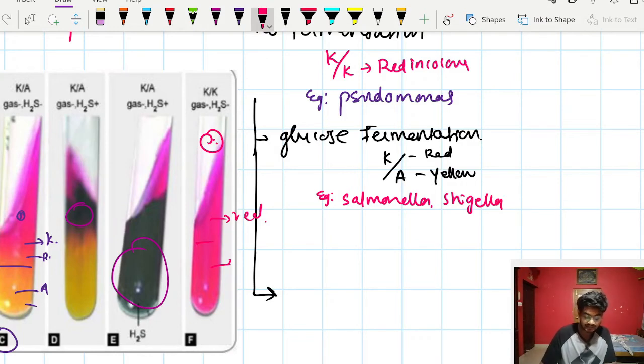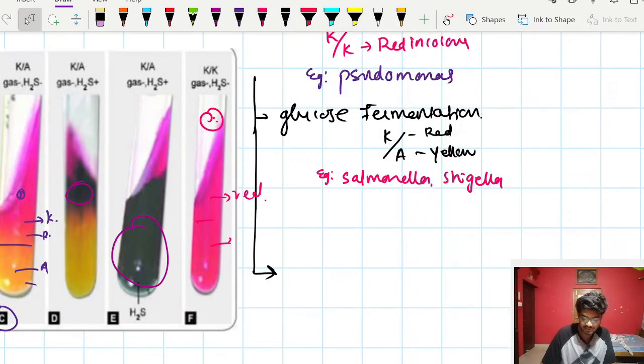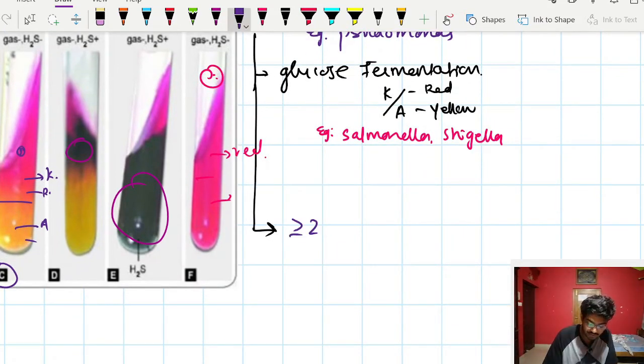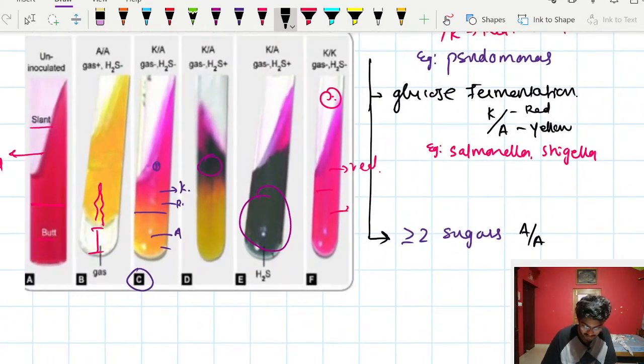Then if the bacteria can ferment more than one sugar, that is glucose, lactose and sucrose, then both butt and slant will be acidic. You see here, this is one example.